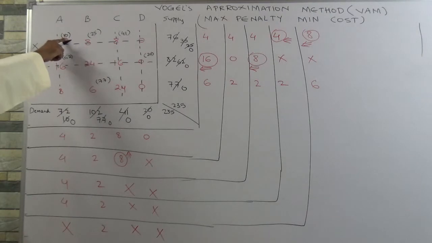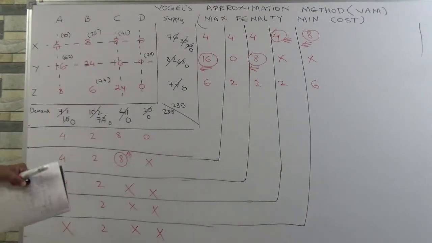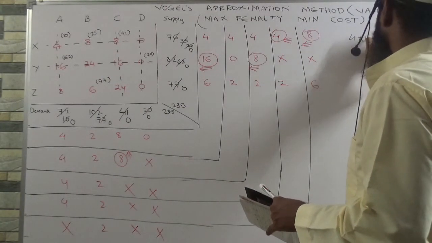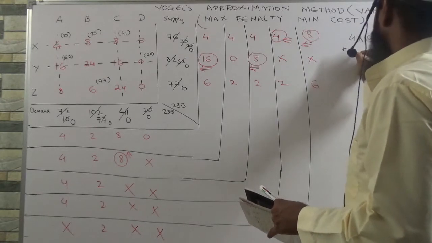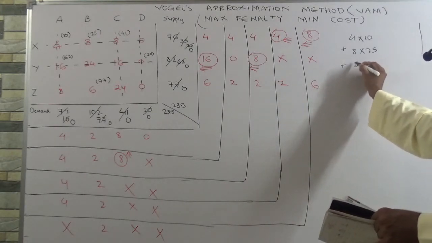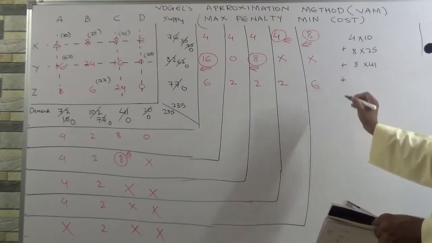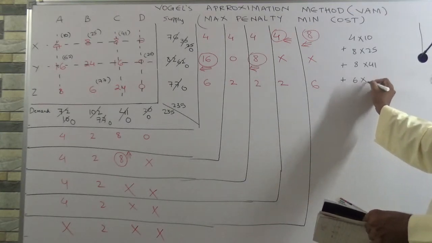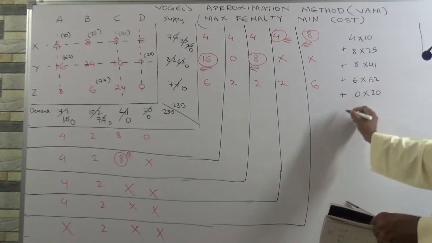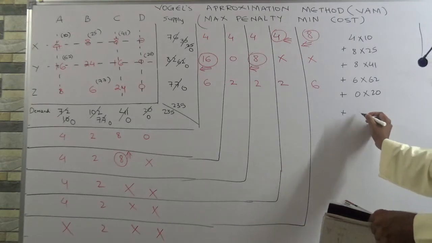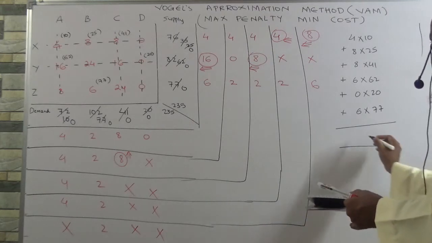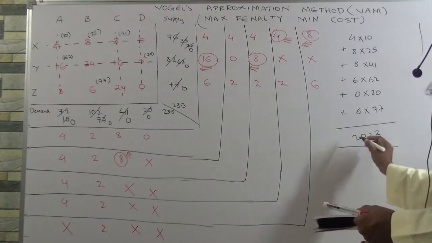So what you have over here: 4 into 10 plus 8 into 25 plus 8 into 41 plus 6 into 62 plus 0 into 20 plus 6 into 77. This will give you a figure of 2022. This is the transportation cost.